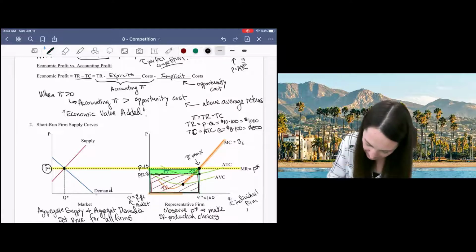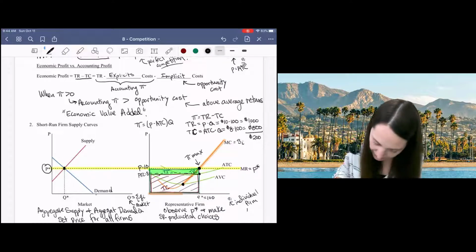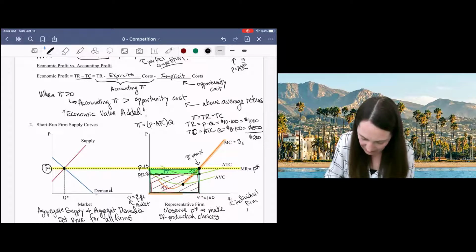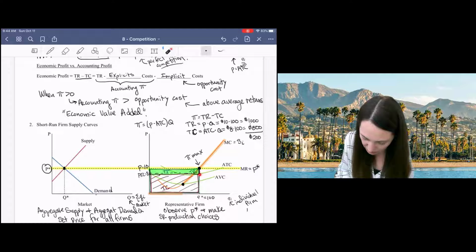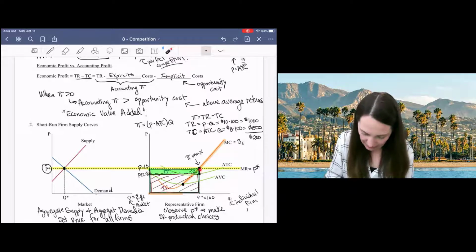So one way to think about calculating profit is to use instead this price minus average total cost times quantity equation. That's a bit easier to calculate in the context of this graph. And we can see that the area of profit on the graph is equal to this rectangle, which is the distance between your price and your average total cost times the quantity.